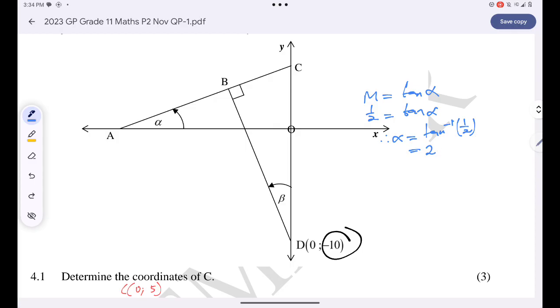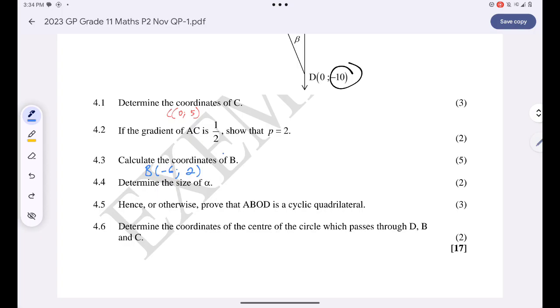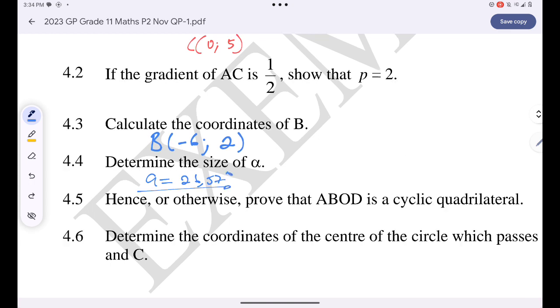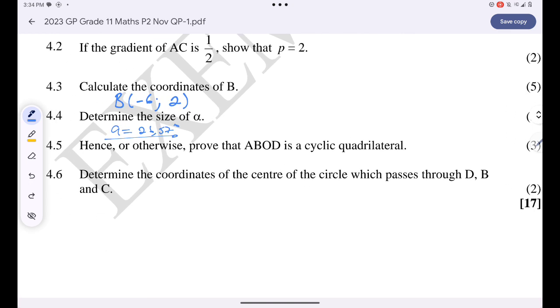I'll simply get 26.57 degrees as my angle of alpha. Alpha is just 26.57 degrees. Okay, hence or otherwise prove that ABOD is a cyclic quad.